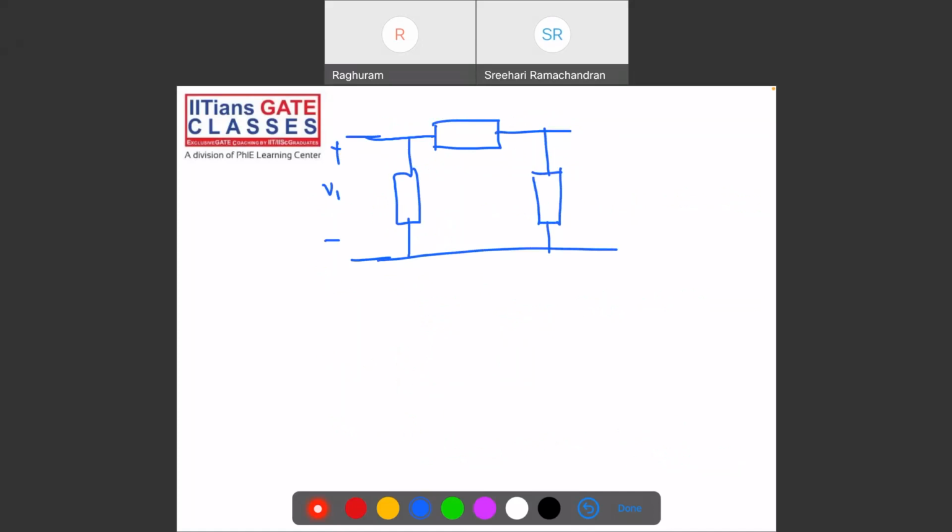This is my I2 and this is I1. So again, this is minus Y12, minus Y12. This is Y11 plus Y12, and Y22 plus Y12.